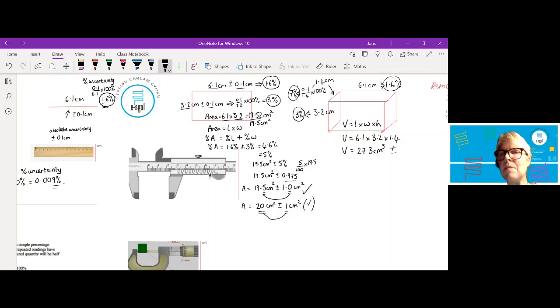Now, to get my uncertainties, I'm going to have to add, so my percentage uncertainty in the volume will be my percentage uncertainty in the length, plus the percentage uncertainty in the width, plus the percentage uncertainty in the height. So that's going to be 1.6% plus 7% plus 3%.